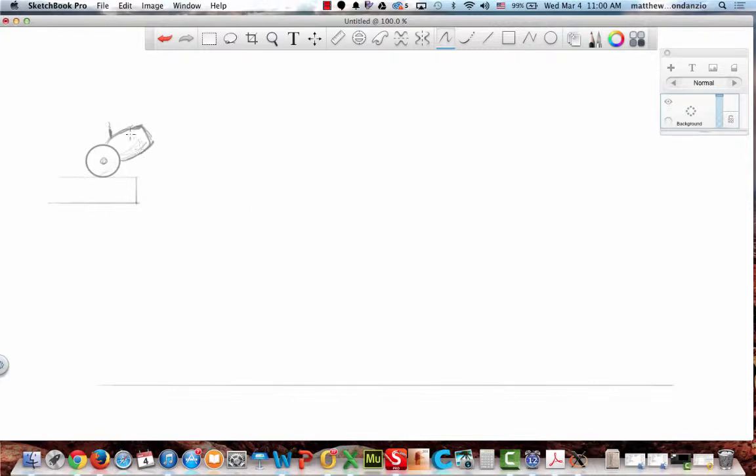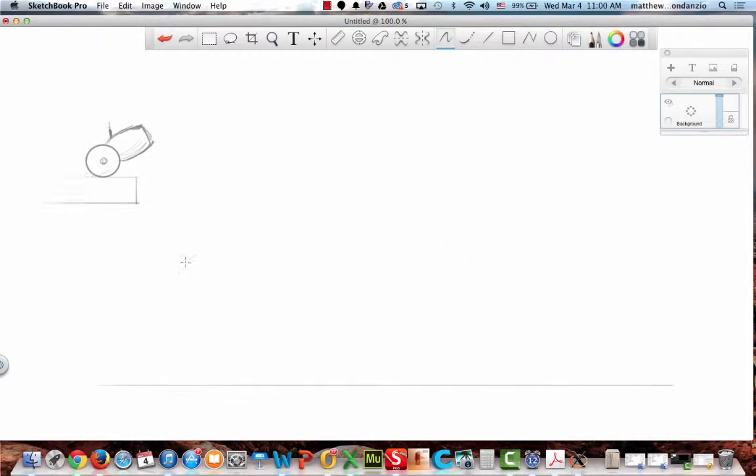It's a unicycle cannon. No, this is the standard engineer textbook cannon.